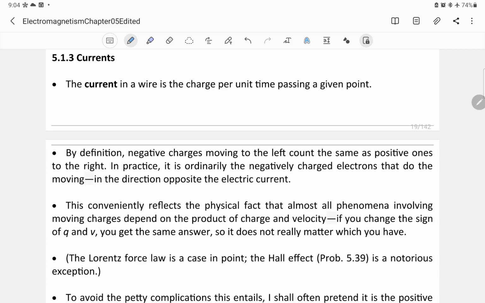This is conveniently reflected by the physical fact that almost all phenomena involving moving charges depend on the product of the charge and velocity. So if you change the sign of Q and v, you get the same answer. It does not really matter which you have.